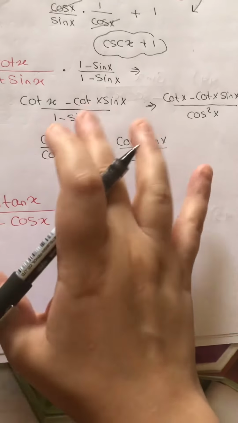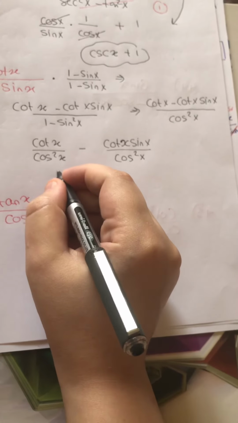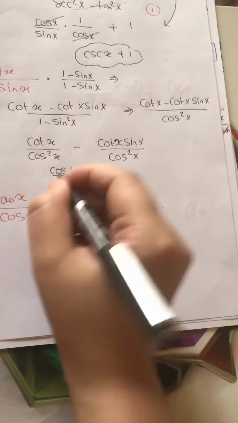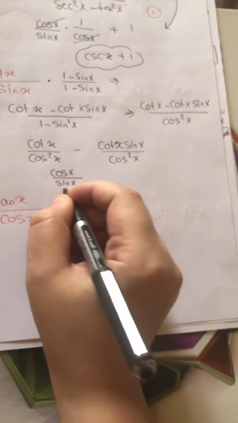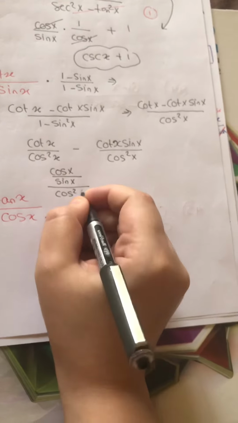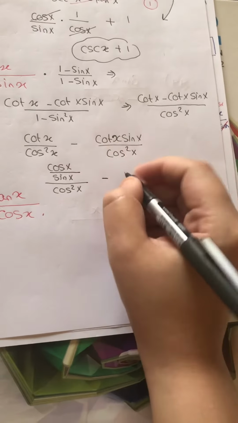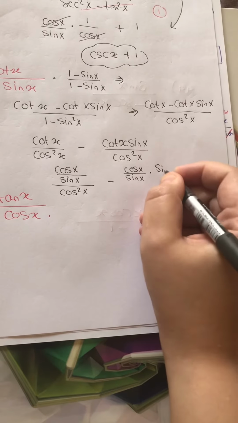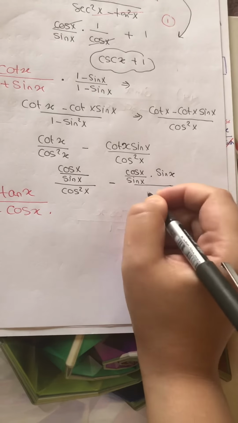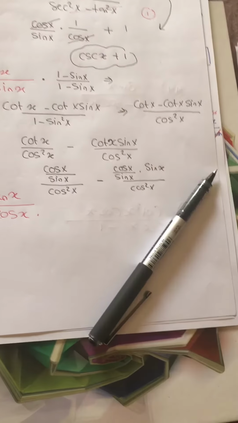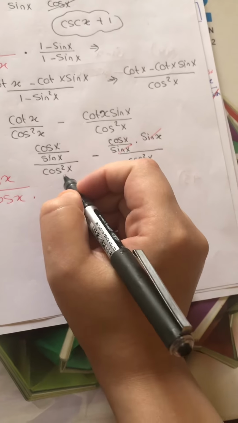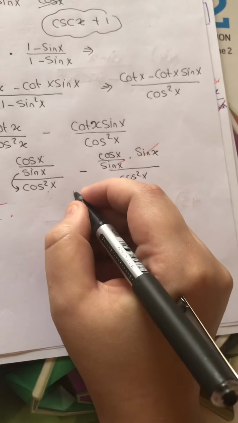So now cotan x is what? Cosine over sine. So I have cosine x over sine x all over cosine squared x minus, here cotan is also cosine x over sine x times sine x all over cosine squared x. In this case, this can cancel this. And here, one of those can go with one of these. I can take the sine x down to make it more clear for you.